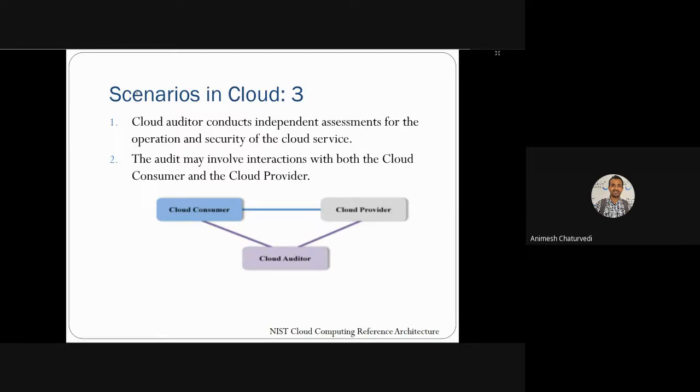Auditing takes place for the interaction of various cloud consumers and cloud providers, how they behave with each other. So these are the important things. In this figure, you can see this scenario: the cloud consumer is connected directly with the cloud provider, and the cloud auditor is assessing what the demand of the cloud consumer is, what the service level agreement between these two parties is, and the cloud auditor is checking.